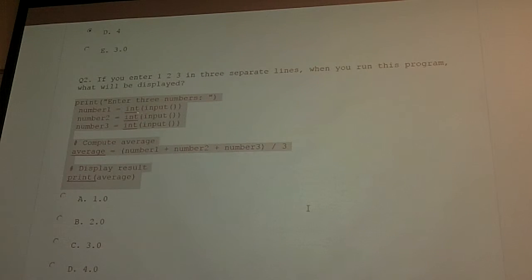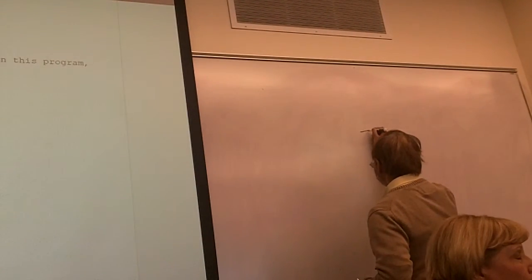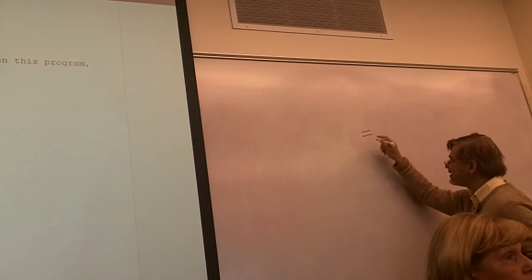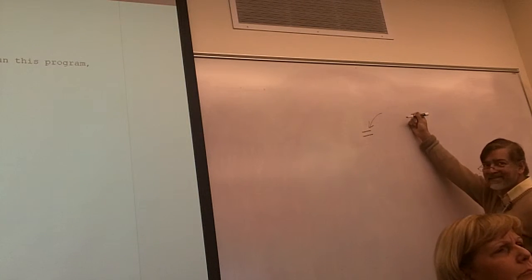So we're getting 3 inputs, and the inputs are ending up where? Yeah. Number 1, number 2, and number 3. Now this is very important. The concept of using this, which is what is it called? It's an operator.